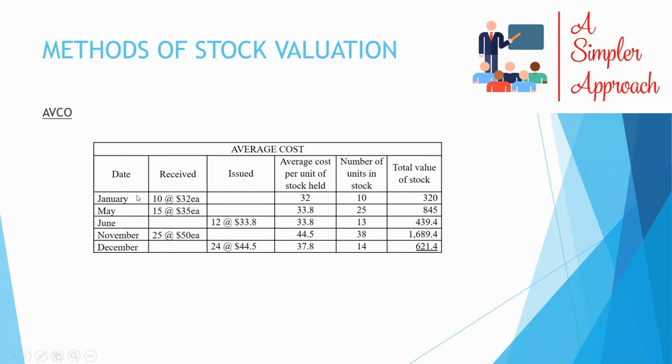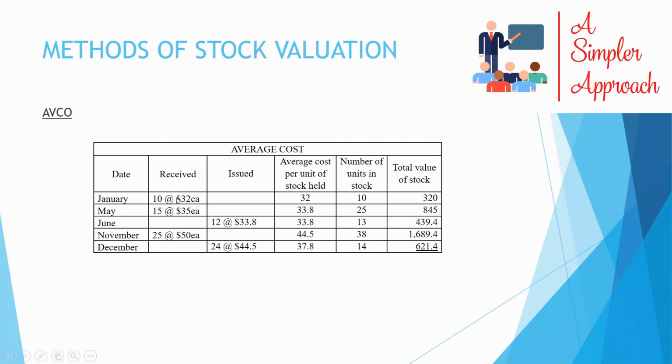So, take January. 10 items at 32 each. What is the value of this? 10 times 32, 320. Far right, 320. Cool. How many items did we buy? 10. What is the average cost per unit?